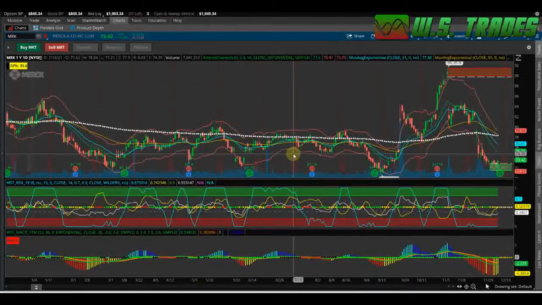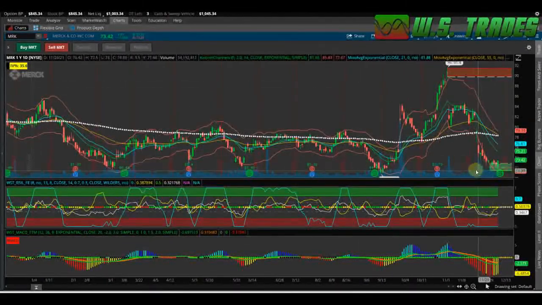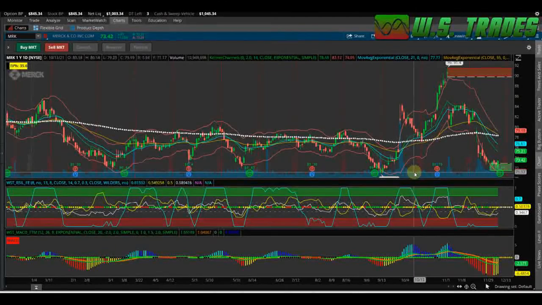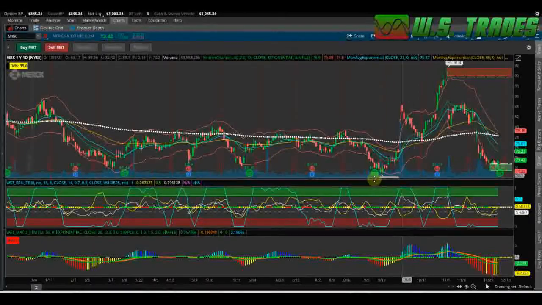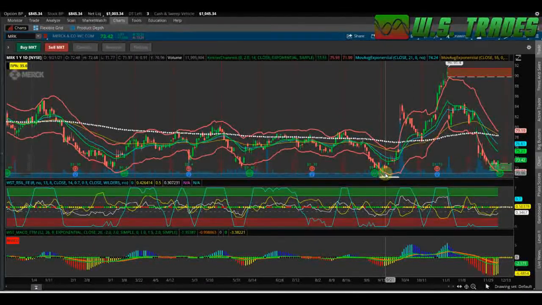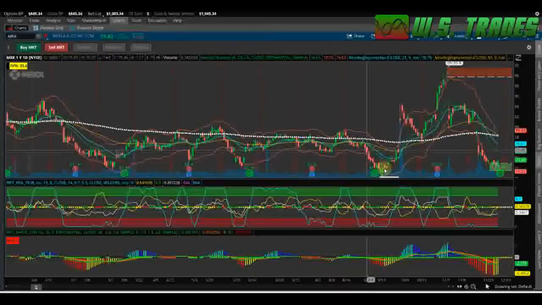So here's Merck's chart. They hit one of my scanners. It's a pivot point scanner. I was telling James this one I'm a little worried about for a couple of reasons. In order to collect enough credit that I felt that this trade would be worth it, I went $1 higher than I'd like. I would have liked to have my short put at 71, where you can see this sell off.